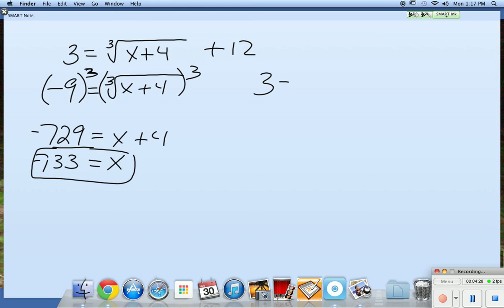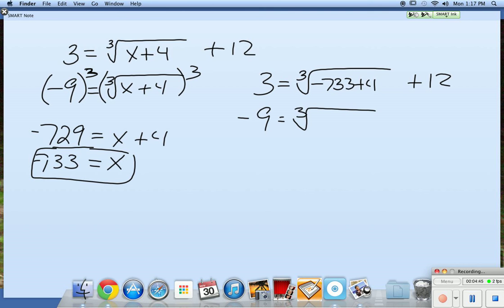Does 3 equal cube root of a negative 733 plus 4 plus 12? -9 equals cube root of a negative 729. We already know negative 729 is a -9. -9 equals -9, so it's true. That would be your solution a negative 733.